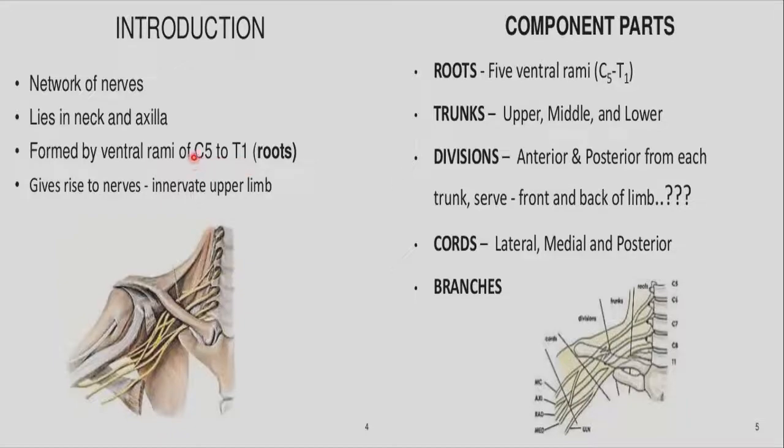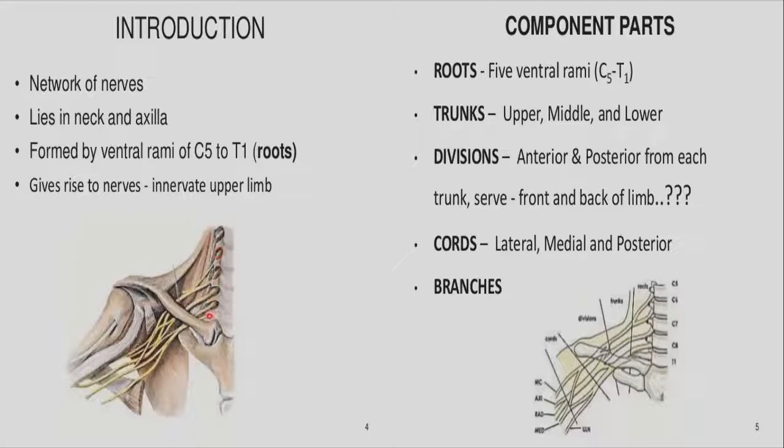These come directly from the spinal cord at the level of C5 to T1. So you have C5, C6, C7, C8, and T1. This network of nerves will come together to form the brachial plexus.